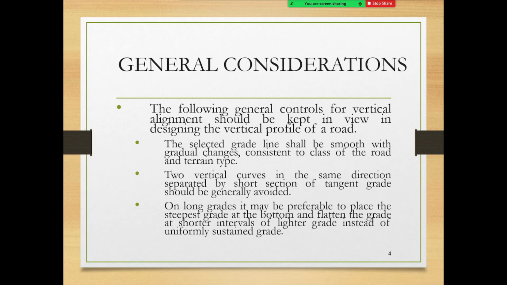Two vertical curves in the same direction separated by a short section of tangent grade should generally be avoided. They are not very proper, and not very handy for a proper road. On long grades, it may be preferable to place the steepest grade at the bottom and flatten the grade at short intervals, so a lighter grade instead of a uniformly sustained grade.